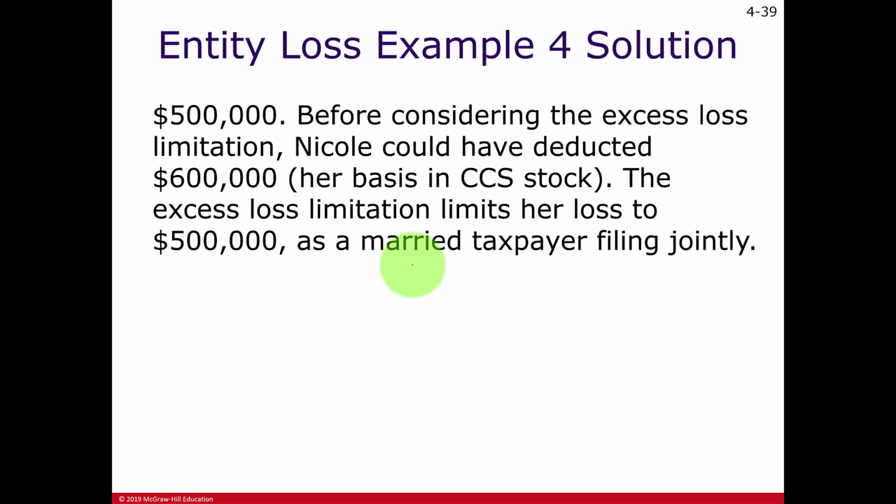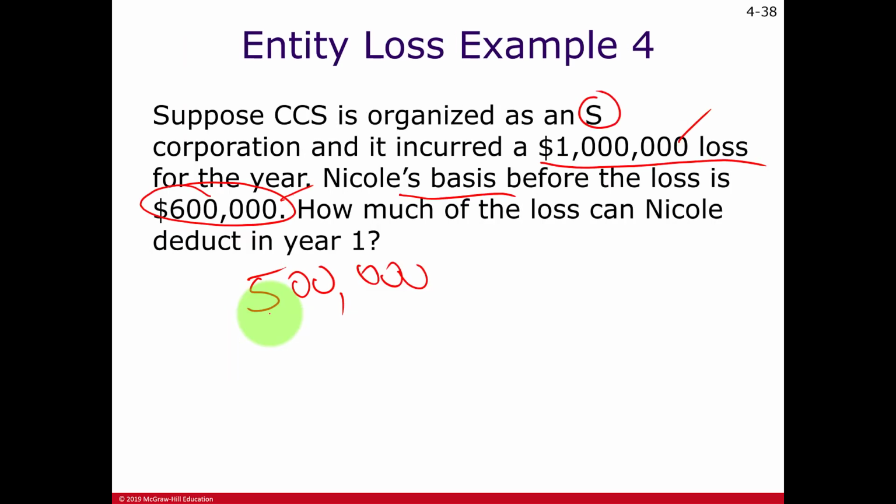So what does it say here? 500,000 is the amount they can deduct. And if the husband's income was 200,000, they probably have a $300,000 net operating loss they can carry over to the next year. How about the difference here of 400,000?